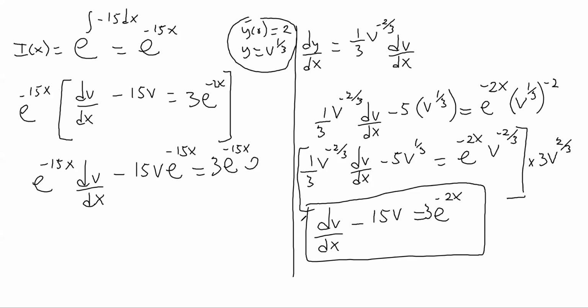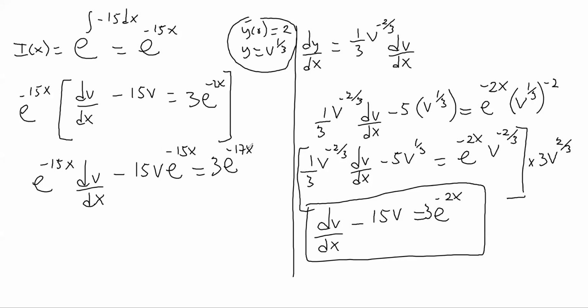So look here, we have e raised to the minus 15x times e raised to the minus 2x, so I'm going to add the exponents. 15 plus 2 is 17, minus 17x.